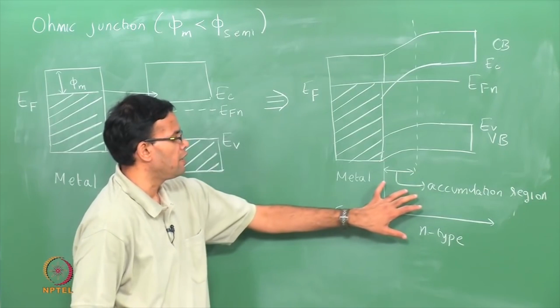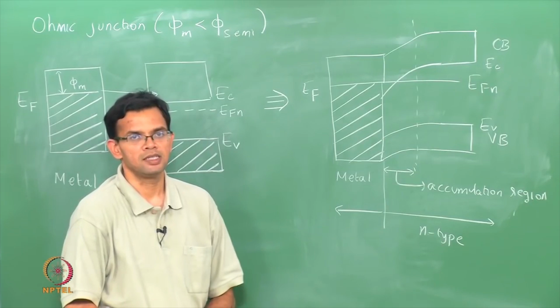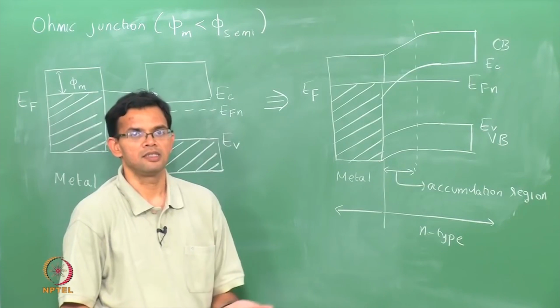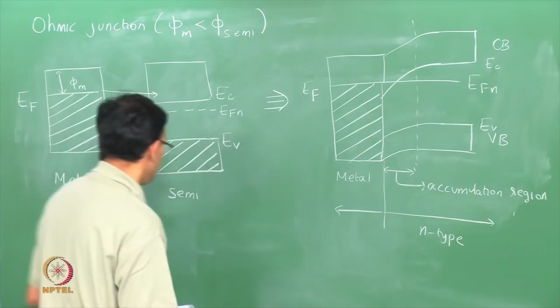Now, because you have an accumulation region, the behavior of this device under a bias basically acts as a resistor, and the resistance is given by the n-type semiconductor.